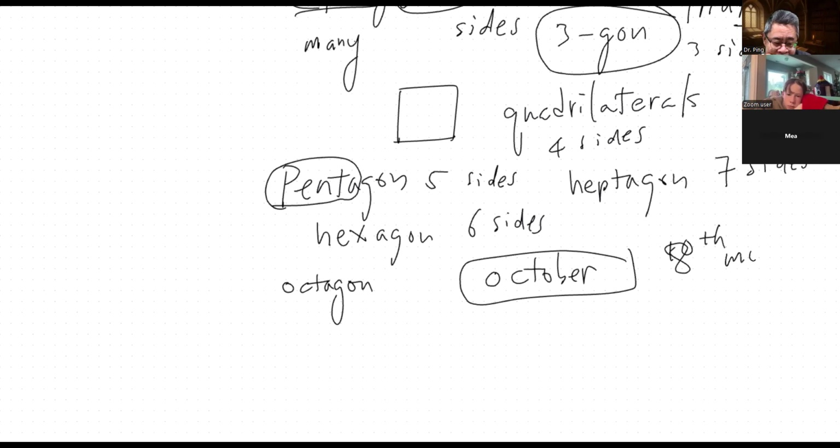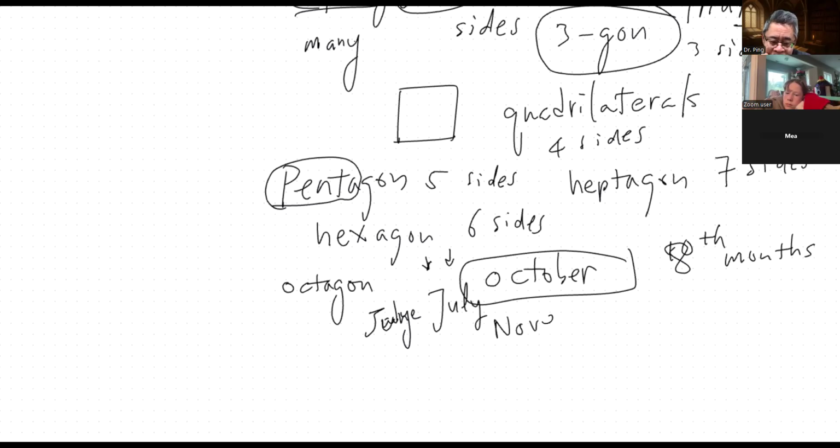But the Romans sneaked in two months between the 7th and the 8th. The two months they sneaked in are June and July, two J's. So therefore, October became the 10th month, originally the 8th month.